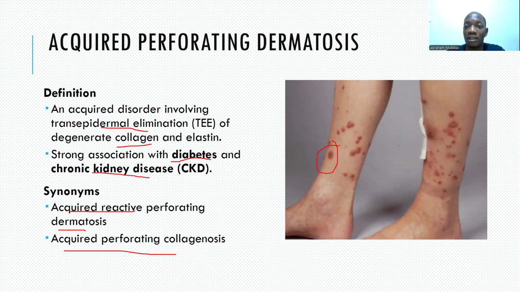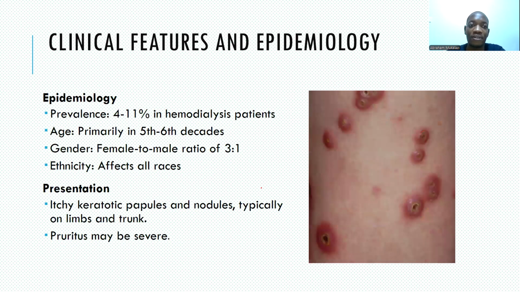And the arrangement, you see these keratotic papules with a central core or plug that has keratotic material. So when you remove this, you see that there is a hole or punctum at the center of these keratotic papules.